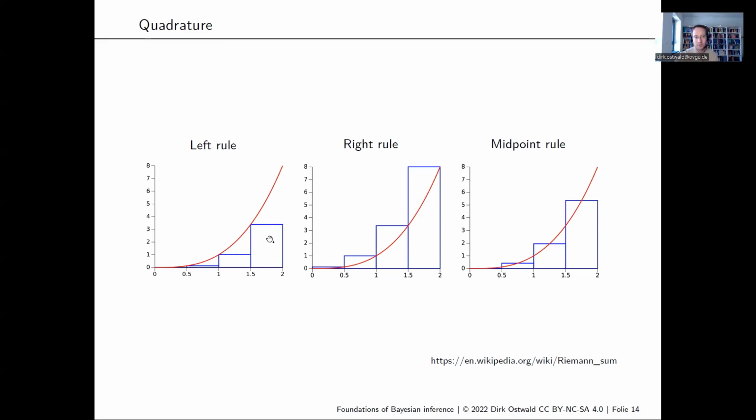There are different options for how to put the rectangles under your function. This is why there are different rules, like the left rule, the right rule, and the midpoint rule, where here the left part of the rectangle touches the function, here the right part, and here the midpoint.